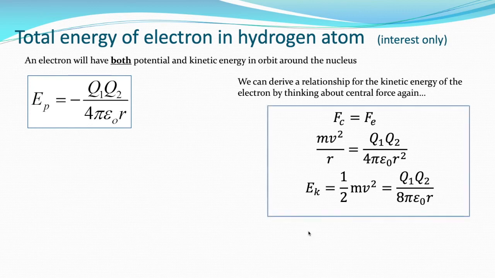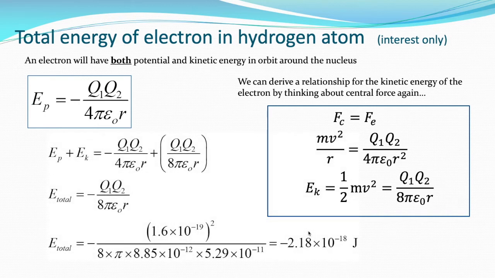So the total energy then, if we've got kinetic energy and potential energy and we add these both together, EP plus EK gives us the potential energy relationship on the top left plus the kinetic energy relationship on the bottom right.